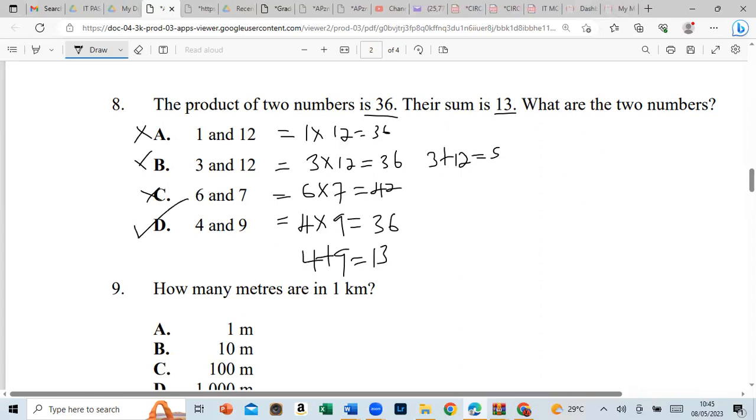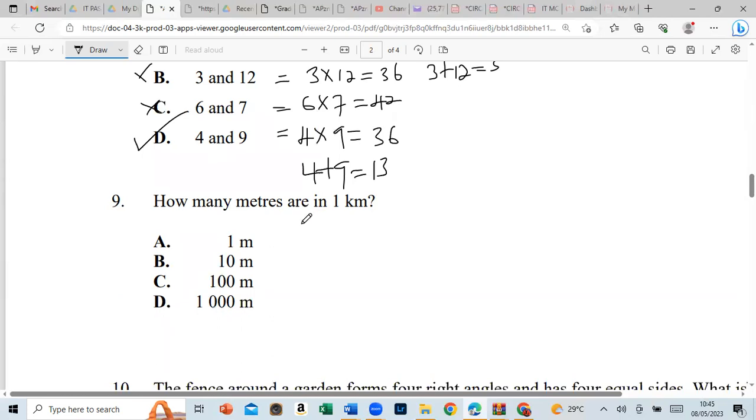Alright. How many meters are in 1 kilometer? Type that in the comment section, guys. That is something that you guys should know.